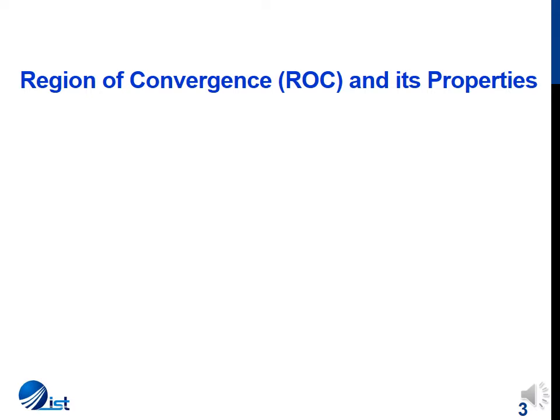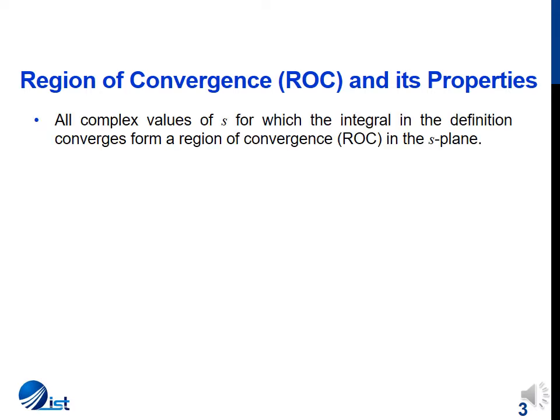No, it does not, because the exponential e to the power minus st is only going to give us a finite value within a certain range. So all the complex values of s for which the integral in the definition converges form a region of convergence. So the definition of Laplace transform will give us a value for Laplace transform F of s along with the region of convergence.